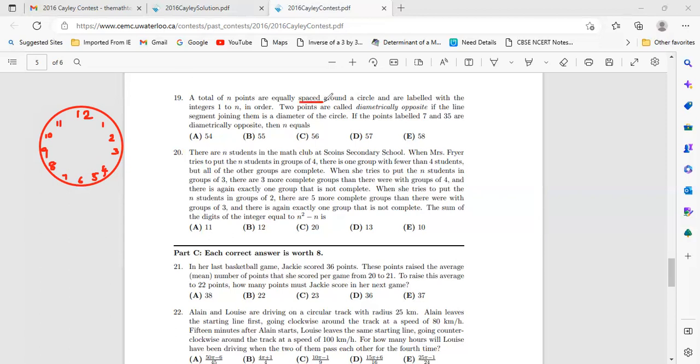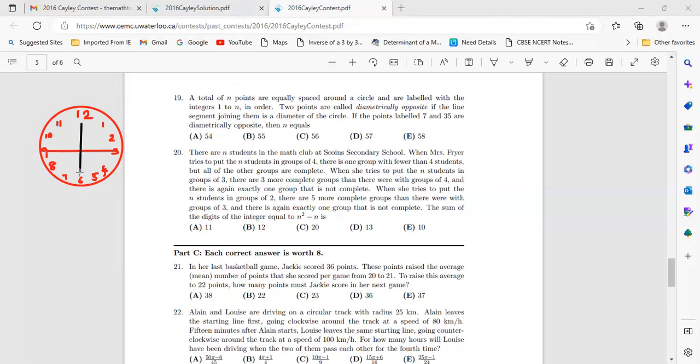So equally spaced around the circle and labeled with the integers 1 to n in order. You just imagine you don't have the endpoint as 12, it goes up to n. And they're saying that 2 points are called diametrically opposite if the line segment joining them is the diameter of the circle. For example, you can call this the diameter of the circle, right?